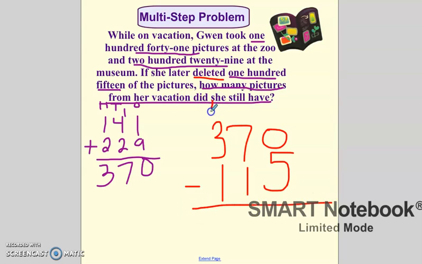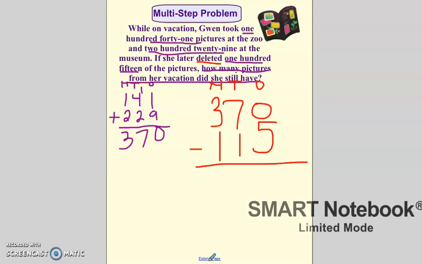Please start solving. I will give you guys a minute and then we will solve it together. Don't forget to look, where do you start first? Hundreds, tens, or ones place when you are subtracting. If you said ones place, you got it.